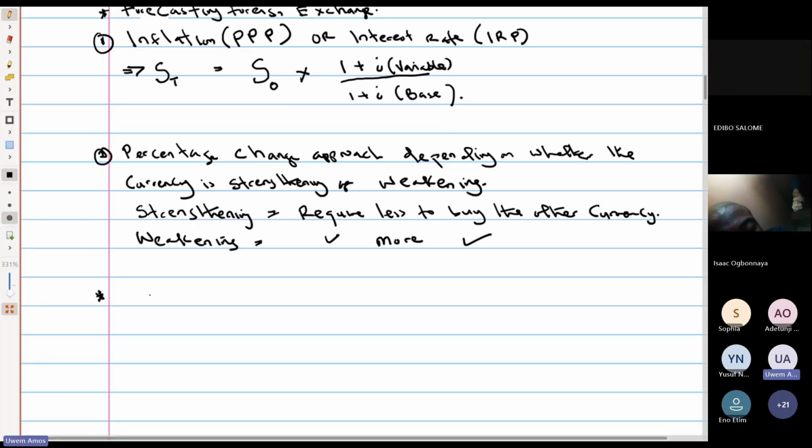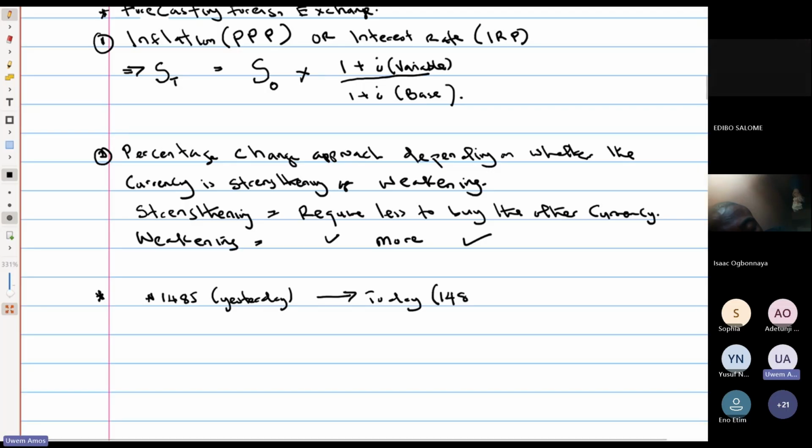So if, for example, yesterday the exchange rate was 1,485 to a dollar, and today the exchange rate is 1,480. Quick question: do we need more Naira or less Naira to buy dollar?